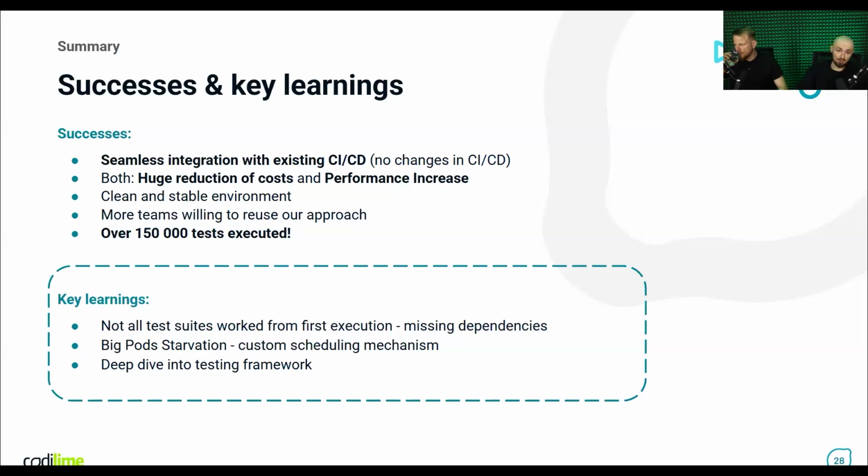First, we had to go through all suites to resolve dependencies and include them in our container-based image. Also, we gained a better understanding of the limitations of the Kubernetes scheduler through our work on a custom scheduling mechanism. And we fully understand how our test framework works.